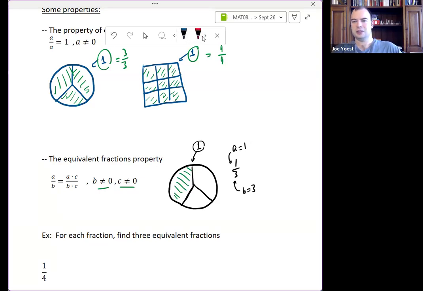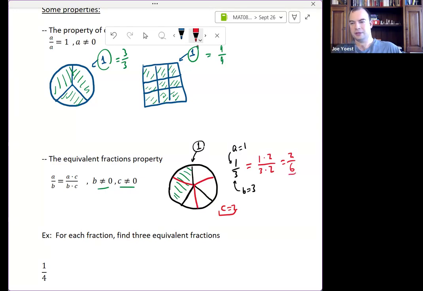Now let's take c equals 2. So I'm saying that 1/3 is the same as 1 times 2 over 3 times 2, or 2/6. C equals 2 says take each individual slice and split it in 2. So I'll take this top left slice and I'll cut it in half. I'll take the top right slice and cut it in half. I'll take the bottom slice and cut it in half.